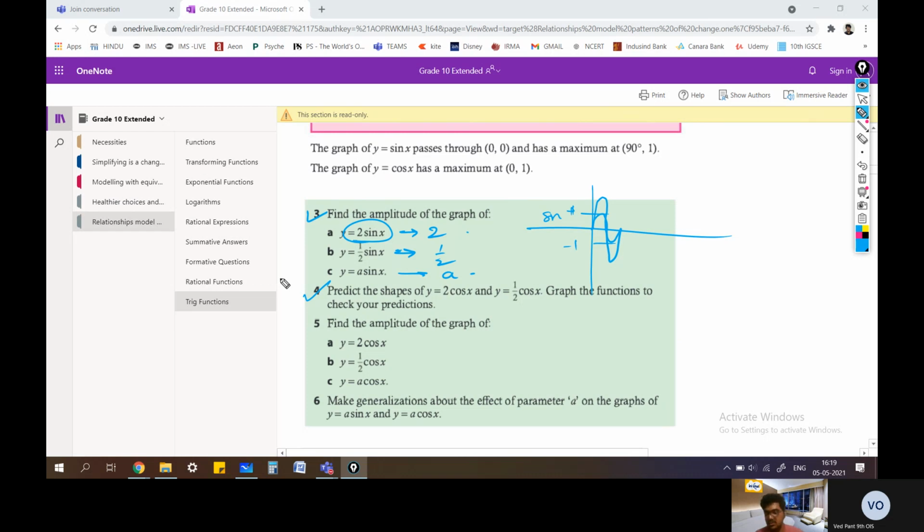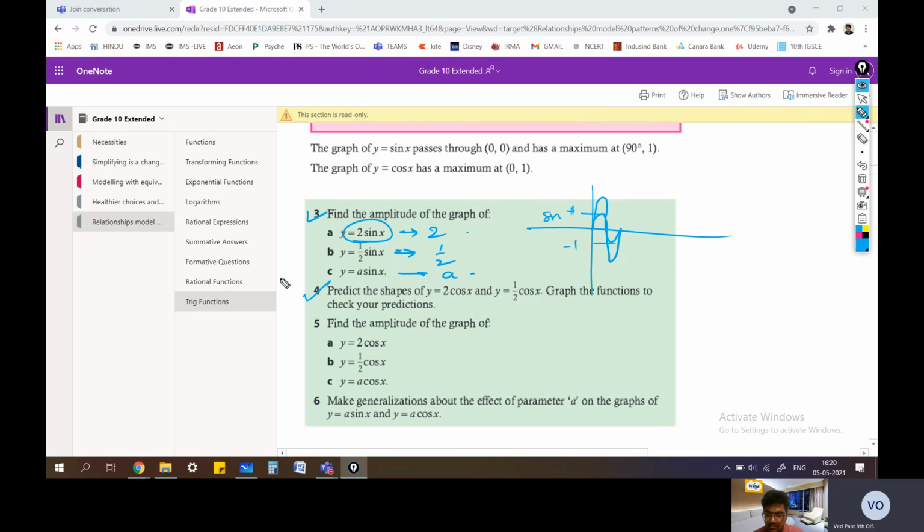Graph the function with prediction. Don't use the GDC. So y equals 2 cos x will just be a form of vertical dilation on the graph.